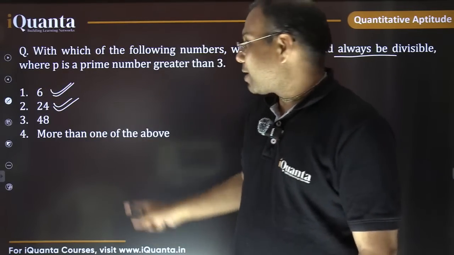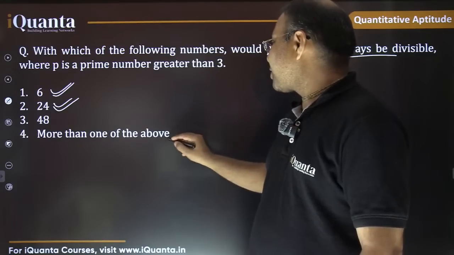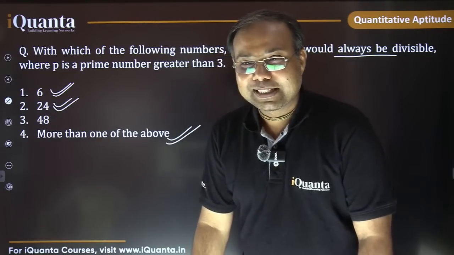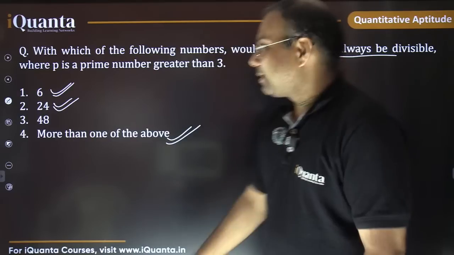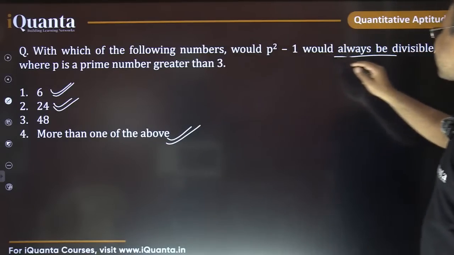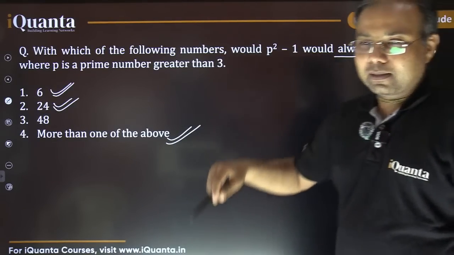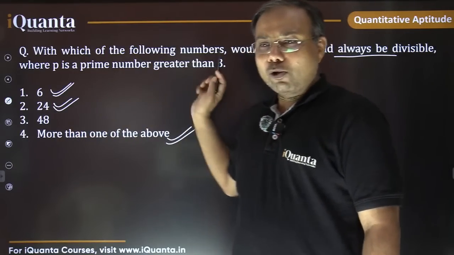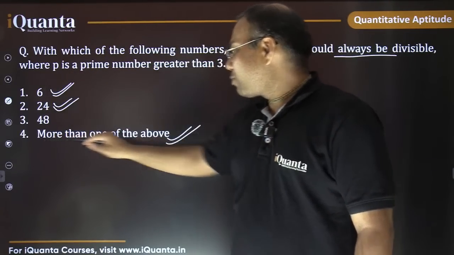So the answer should be option 4, more than one of the above. Is it not? The question is saying, with which of the following numbers would p square minus 1 always be divisible? So if it is divisible by 24, then it is also divisible by 6. So the answer would be more than one of the above.